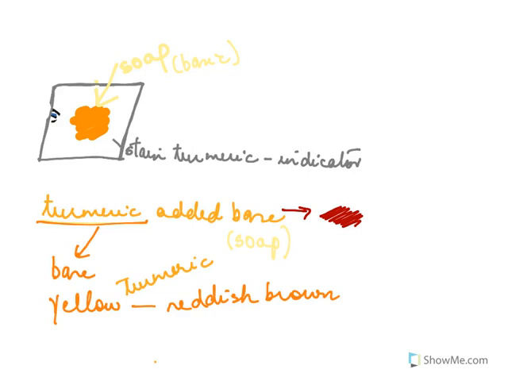This yellow turmeric will turn reddish brown in color when soap is added, because soap is basic in nature. In the presence of a base, turmeric becomes reddish brown in color.